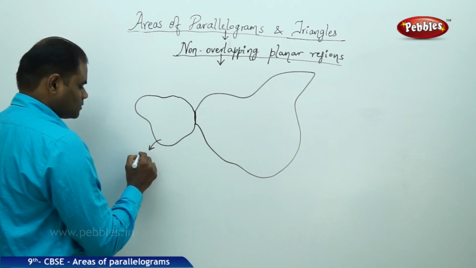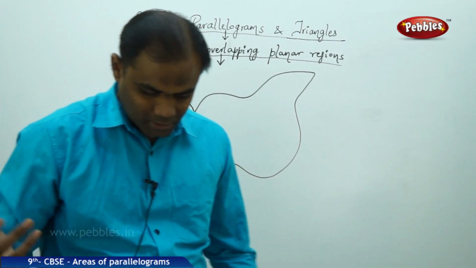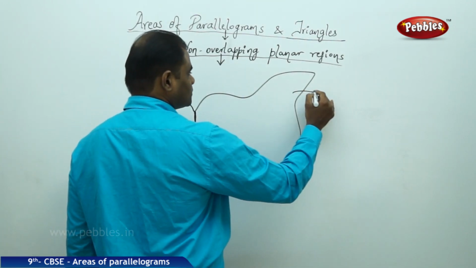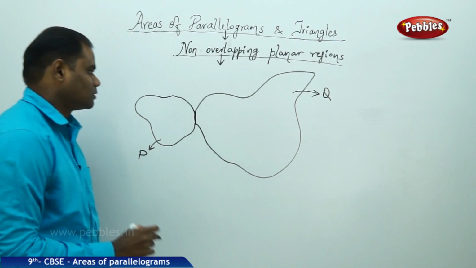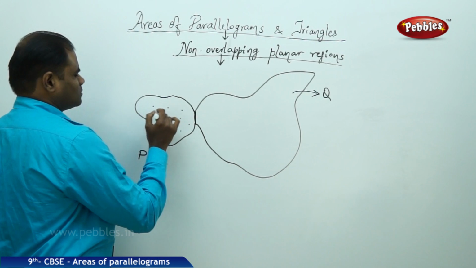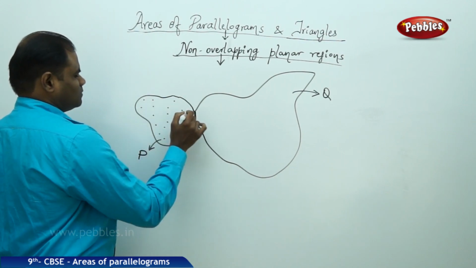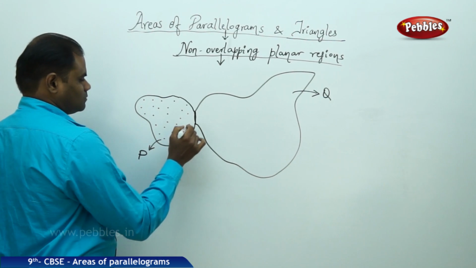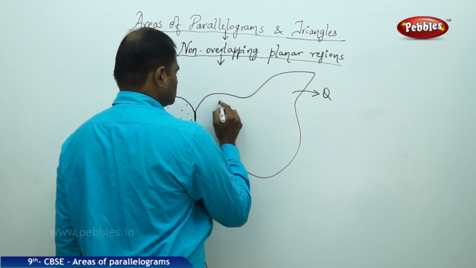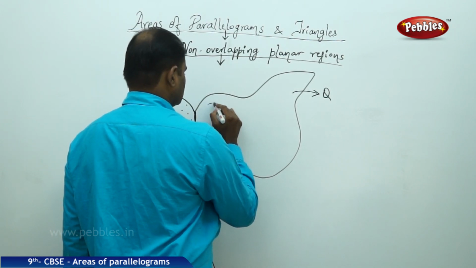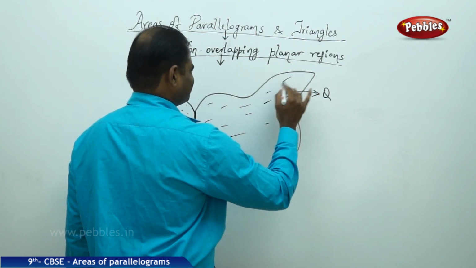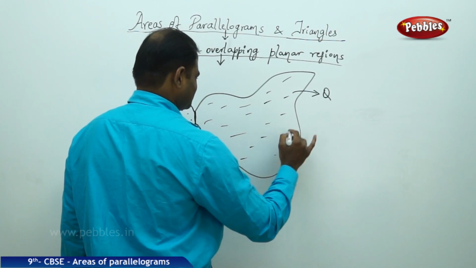This is region A, which I denote with say P, and this is region B, which I denote with Q. This is region 1 as denoted by dots, and this is region 2 as denoted with this.